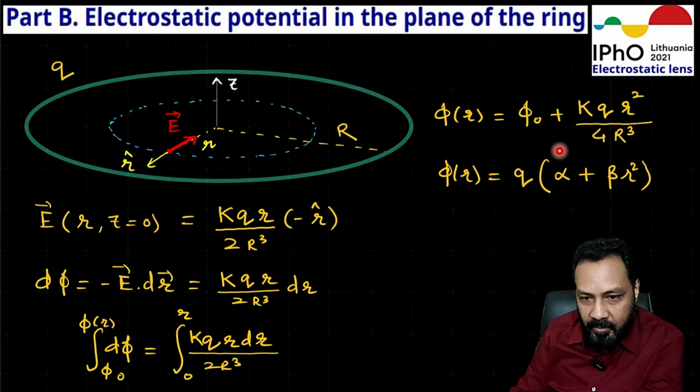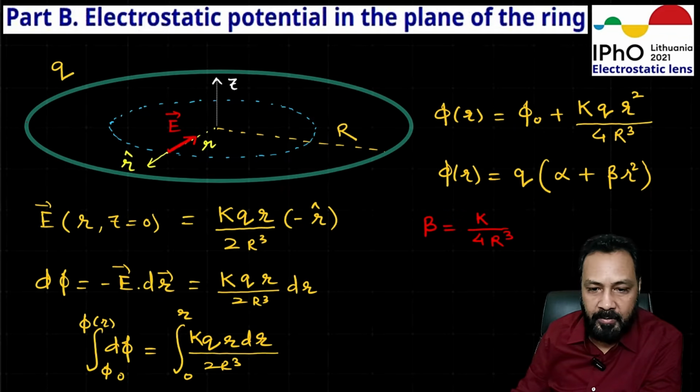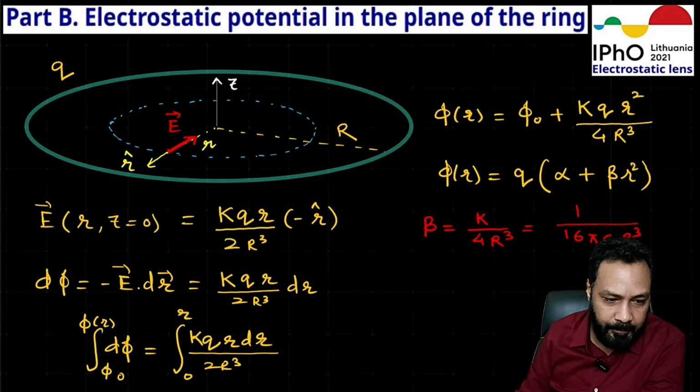Compare this to this, so what will this beta be? This beta would be simply k by 4r cube, and that was asked. So beta is k by 4r cube, and putting the value of k as 1 over 4 pi epsilon naught, that is 1 over 16 pi epsilon naught r cube. So this part is done.